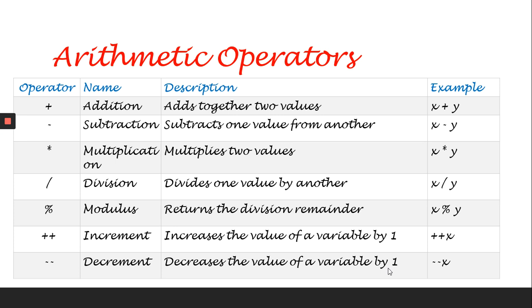That can be written in a simple manner as plus plus x. In addition to that, we can write it as x plus plus also. In functioning, there is a slight difference between plus plus x and x plus plus. However, you can use any one of the types, increment and decrement operator.